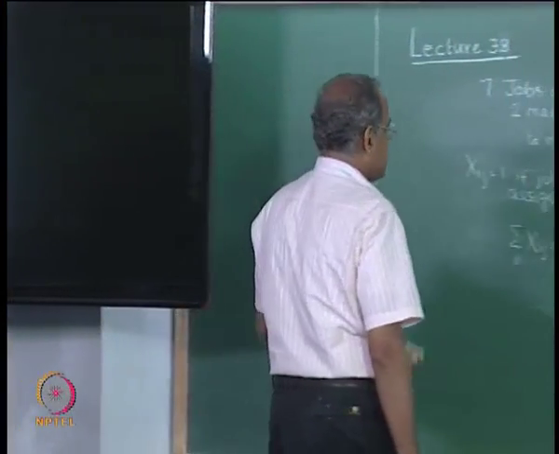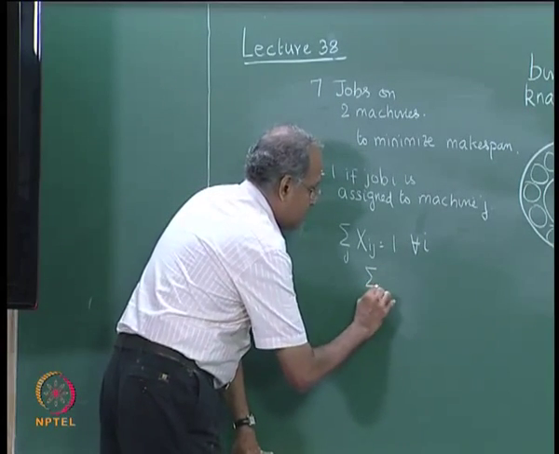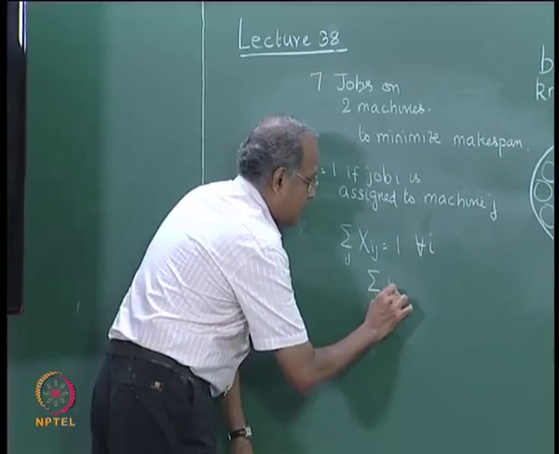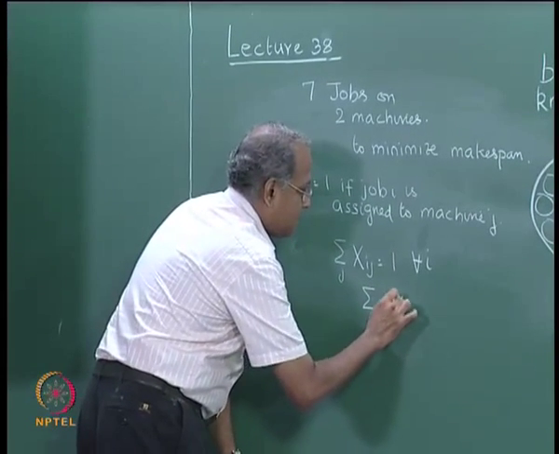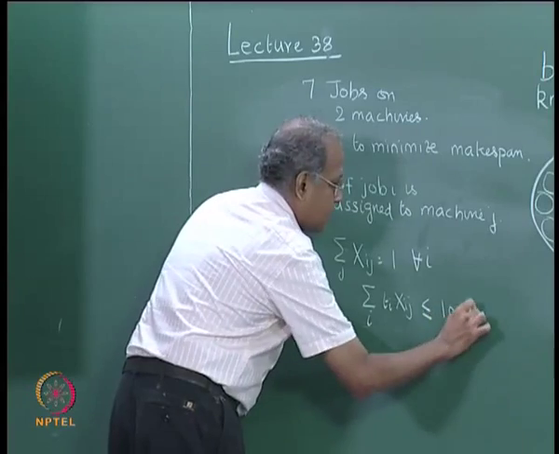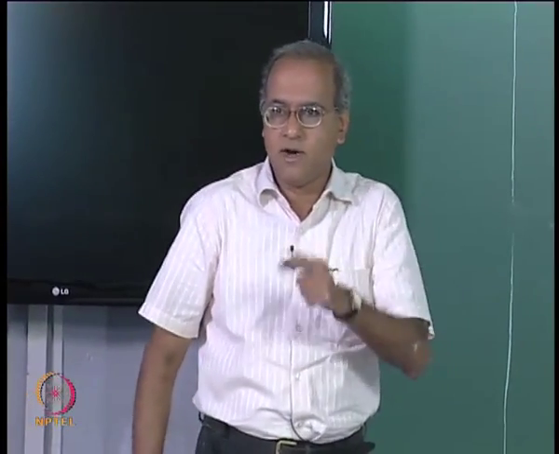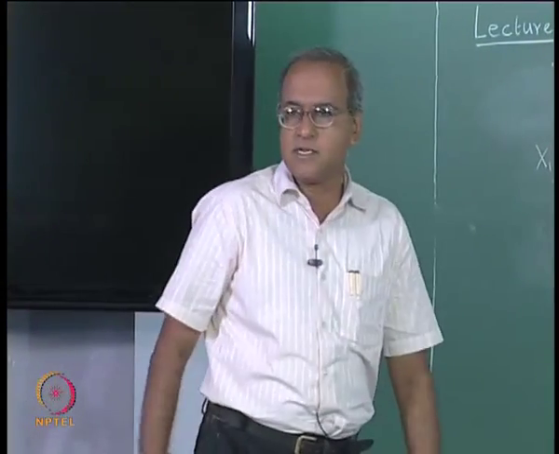The tool constraint has to be satisfied. So sigma over i of Ti Xij is less than or equal to 10 for every j. For each machine, the number of tools required based on the jobs is less than or equal to 10.